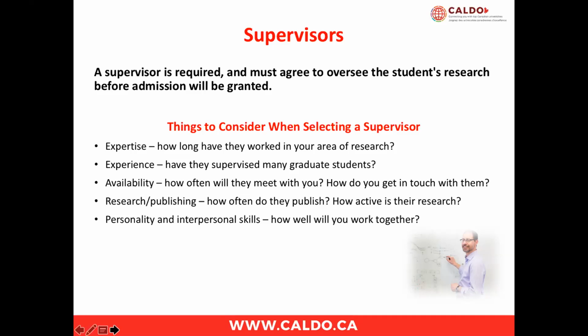So again, I would say maybe have a list of the things that are important for you as a student, and then when you start your research on who could be your supervisor, start putting checks under each of the items that you consider very important for you.